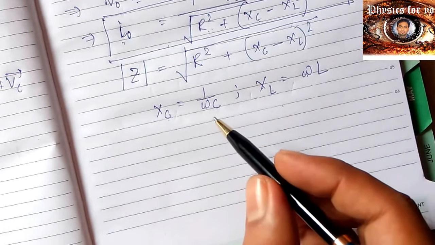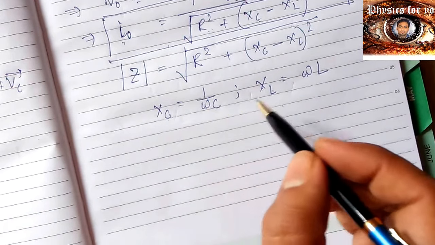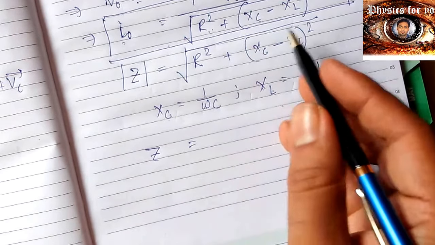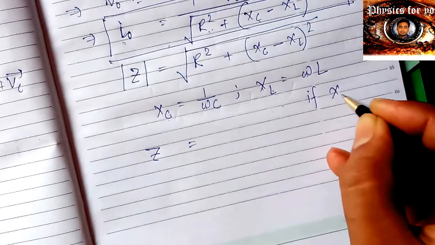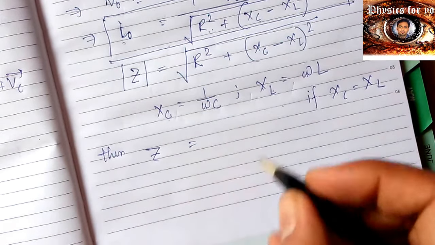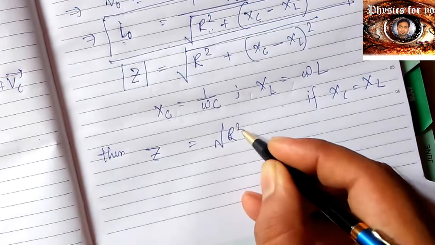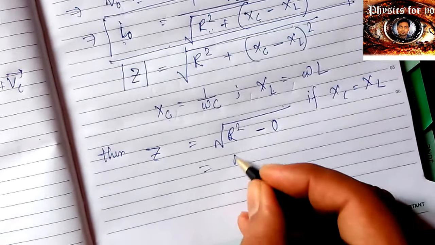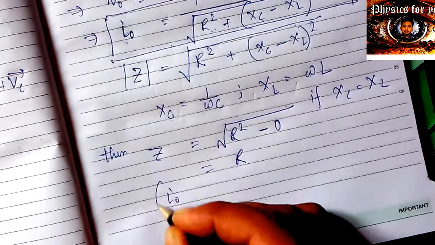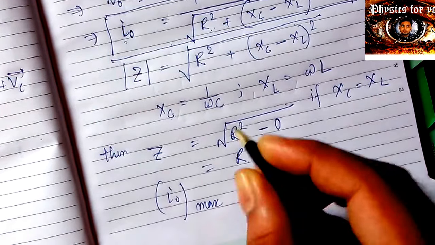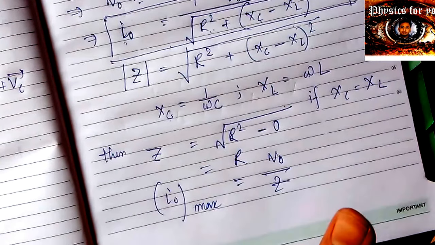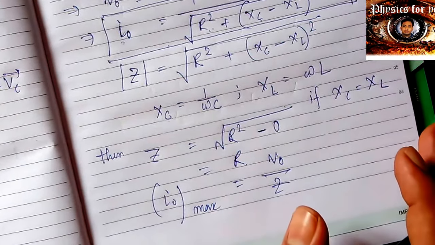Now, if we adjust the frequency in such a way that XC equal to XL, then Z will become the root of R square minus 0, that is R. That is, the impedance of the circuit is minimum, so the current is maximum, that is I max equal to V0 by Z. The situation is called the resonance, series resonance.